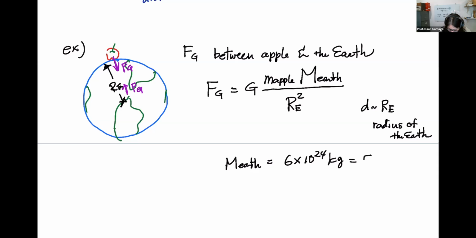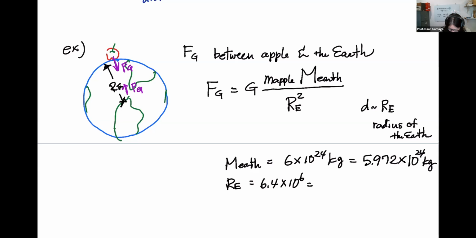Accurately, it's more like 5.972 times 10 to the 24 kilogram. And the radius of the Earth is 6.4 times 10 to the 6 meter.